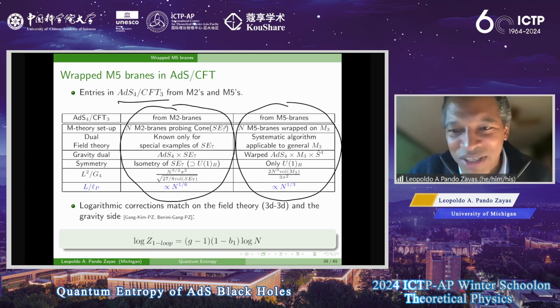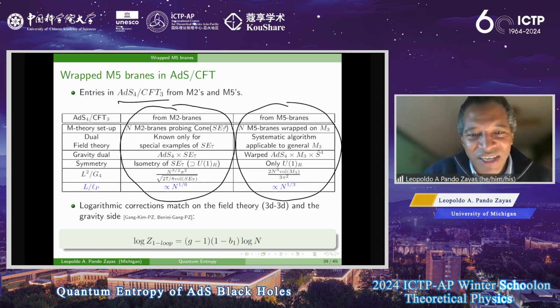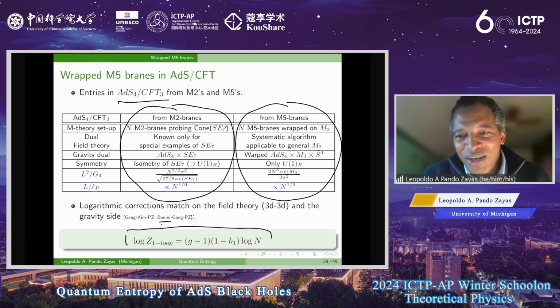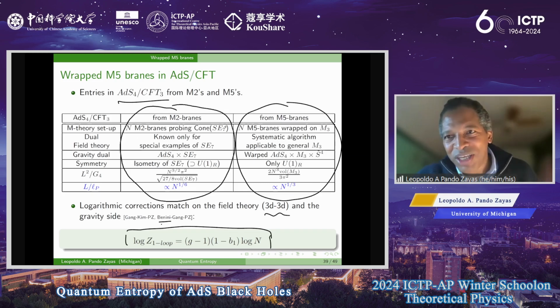These are other objects in string theory. In that case, in a collaboration with Dong-Min Gan and Nak-Bu Kim, and later in another collaboration with Francesco Benini, we computed the field theory prediction for what the log correction to the entropy is. I will not give you details right now.